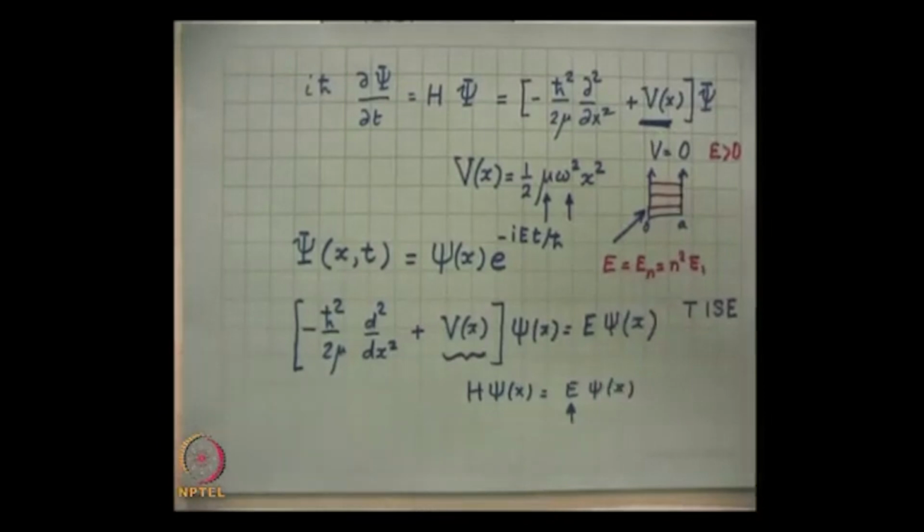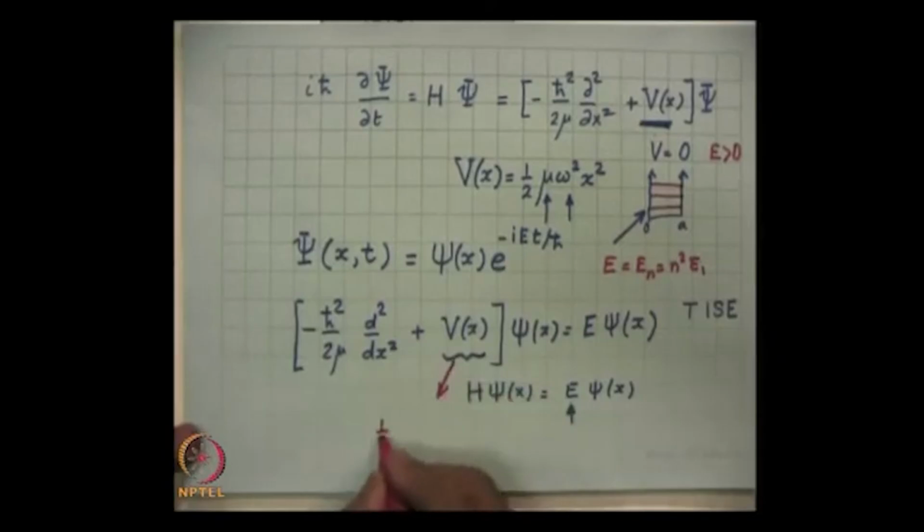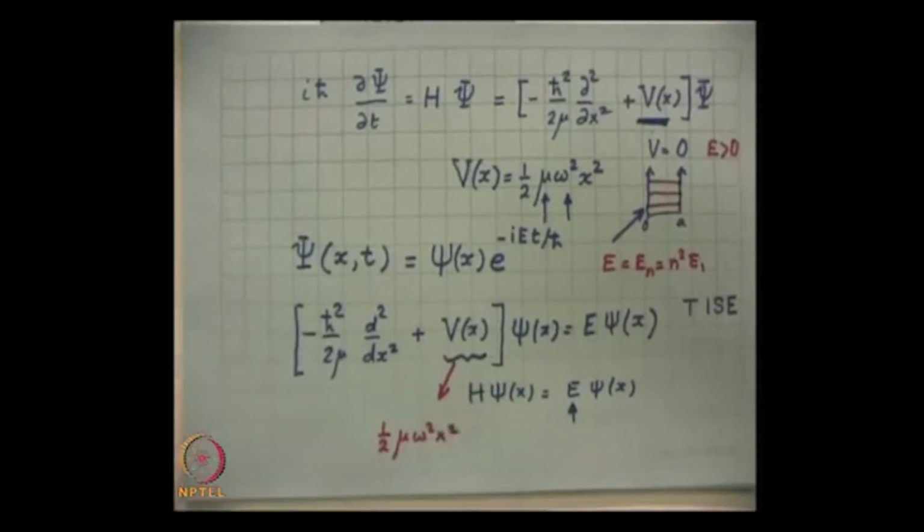So, we will solve this equation when V of x is equal to half mu omega square x square.